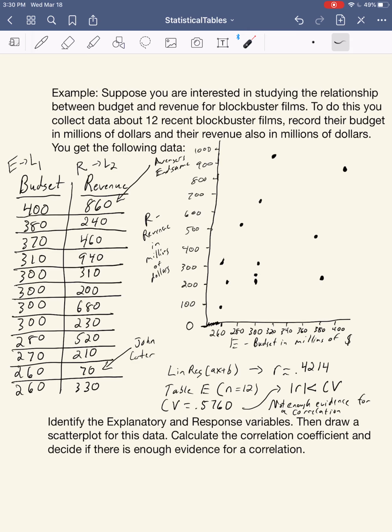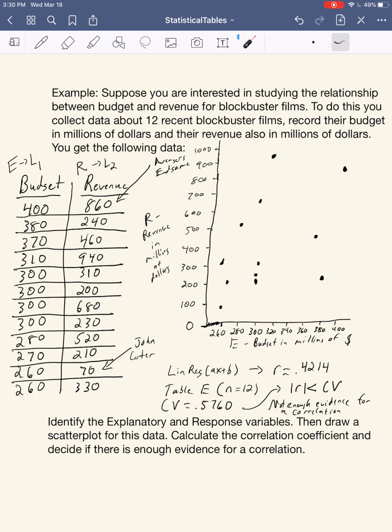It's surprising and pretty interesting that for blockbuster films, the budget doesn't really impact the revenue you expect to pull in. So spending tons more money making a movie is not a guarantee that you're going to make a lot more money. Sometimes finding that things are not correlated is equally interesting as finding that they are related.